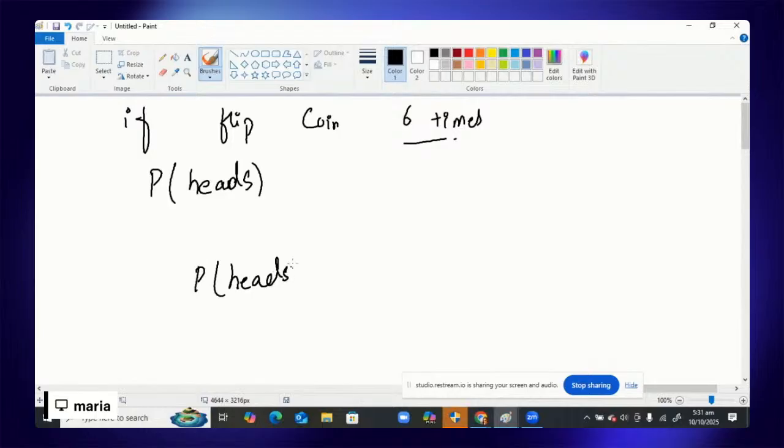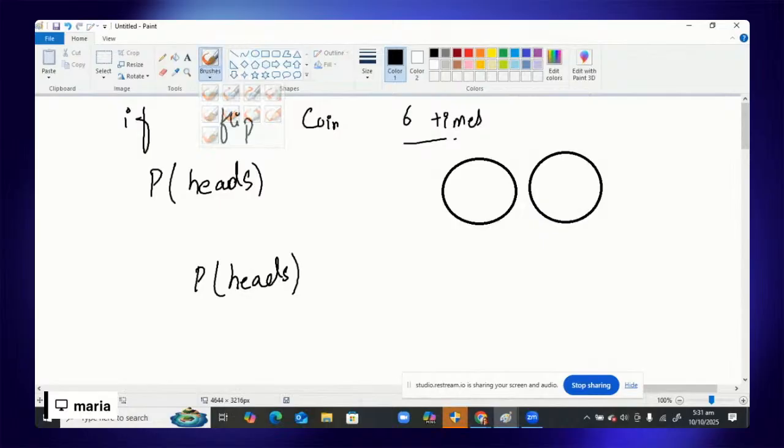First of all, we are going to find that one. Okay, this is your coin. There are two possible outcomes. One is head and one is tail. How many total outcomes are given? That is 2. How many are we interested in? Only one. That is 1. So this answer is 1 by 2.